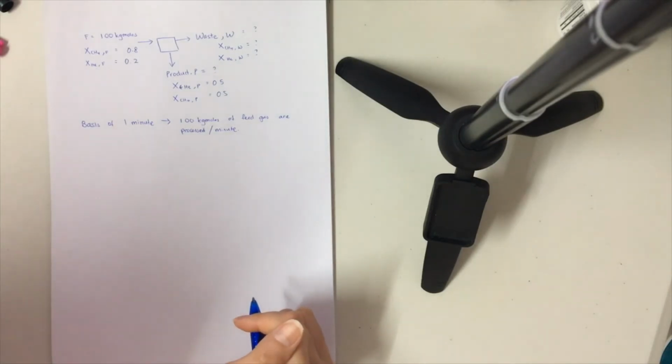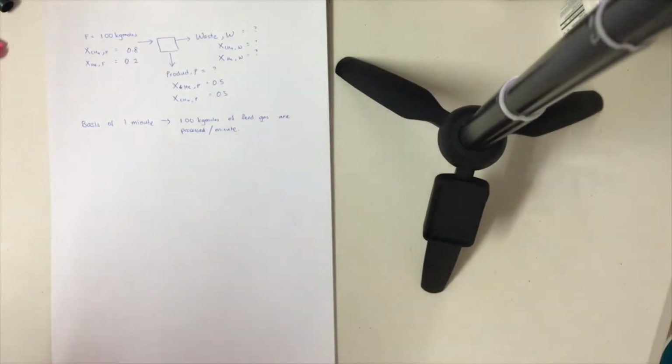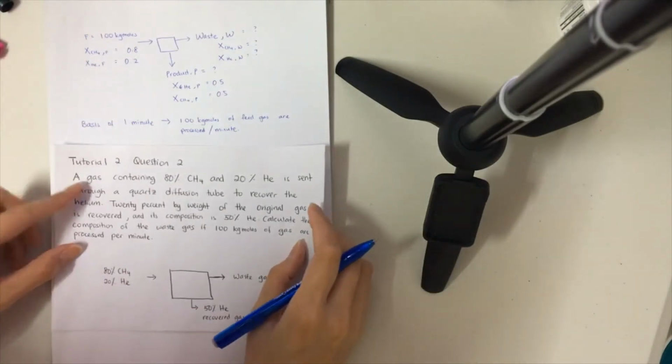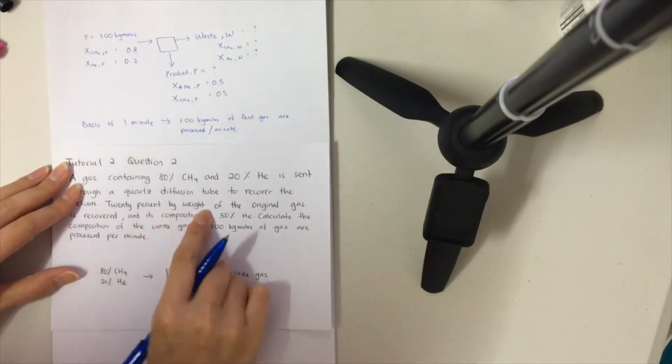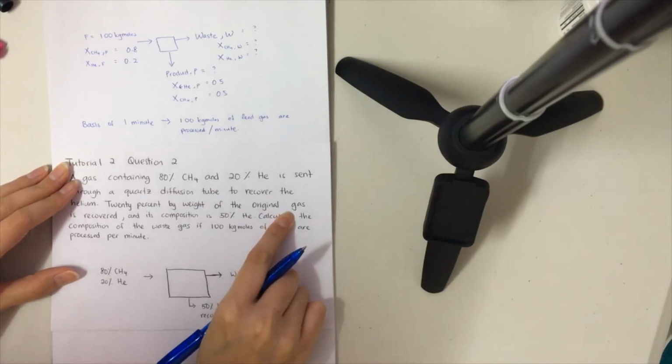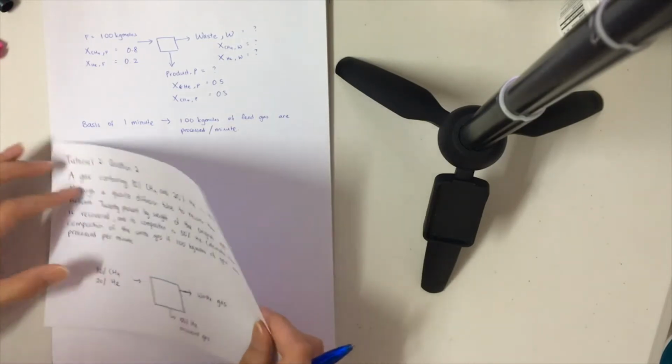What else did the question say? So we have another piece of information from the question. Let's look at our question again. 20% by weight of the original gas is recovered, meaning to say at the product stream here, it is by weight 20% of the original feed in.